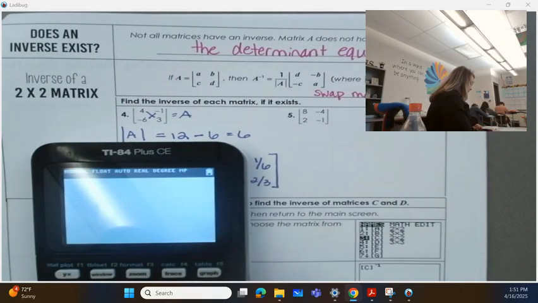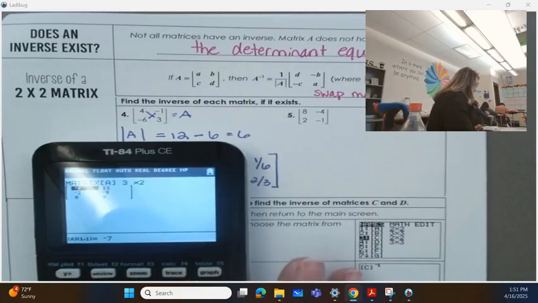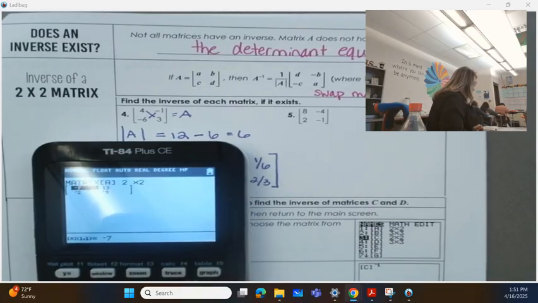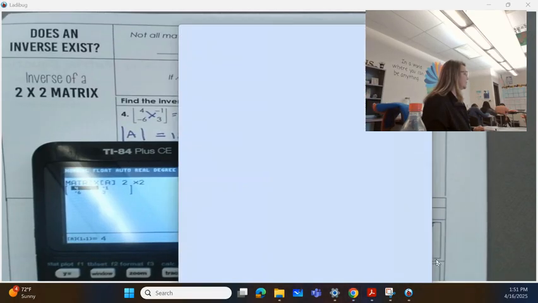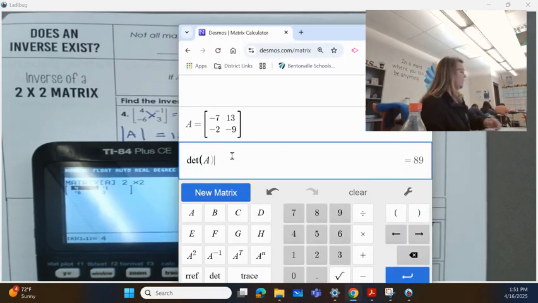So if I enter matrix A into my graphing calculator, it's a 2 by 2. So there it is in my graphing calculator. I'll do it in here real quick.